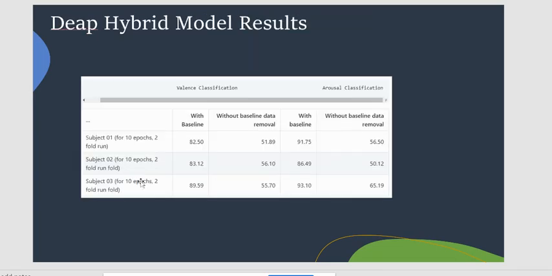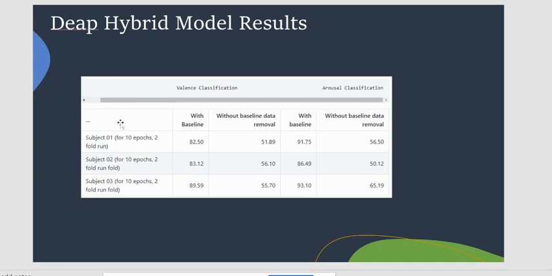This is what the results look like. The first one is for the deep hybrid model, which is using the parallel CNN and RNN layers, the valence classification with and without baseline, and the arousal classification with and without baseline.